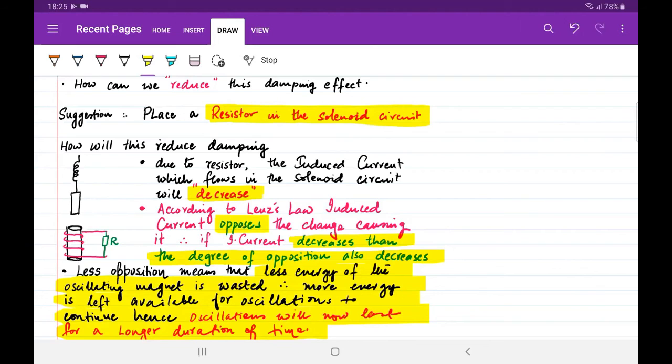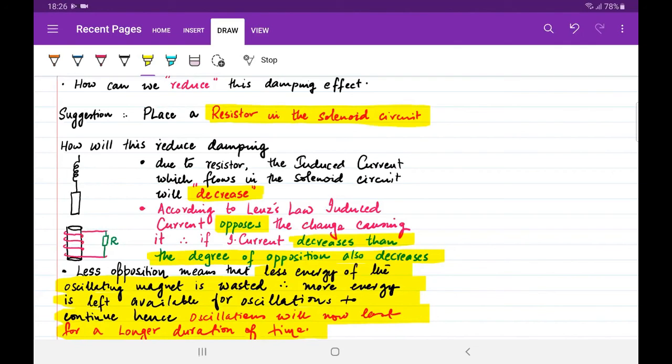According to Lenz's law, the purpose of the induced current is to oppose the movement of the magnet. So if induced current decreases, then the degree of opposition posed by it is also going to decrease. Less opposition automatically implies that less energy of the magnet is wasted. Therefore, more energy is left available for the oscillations to continue. Hence, we can expect that the oscillations will now last, comparatively speaking, for a longer duration of time.